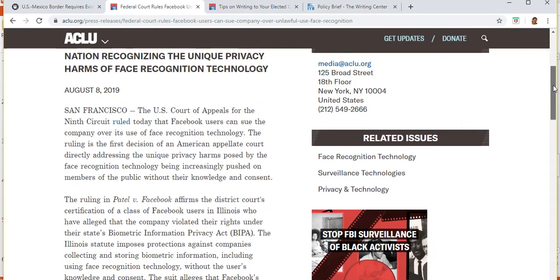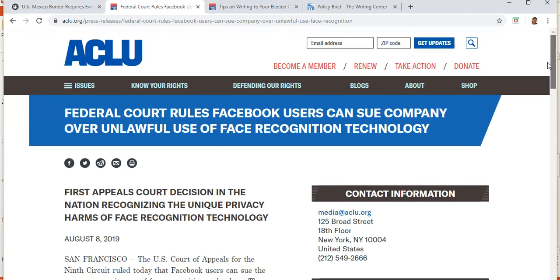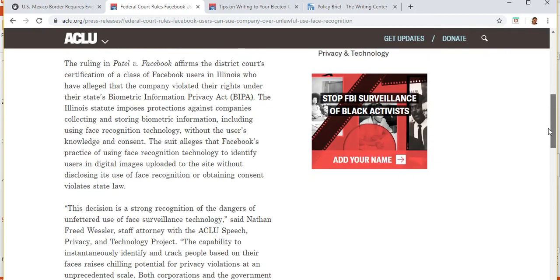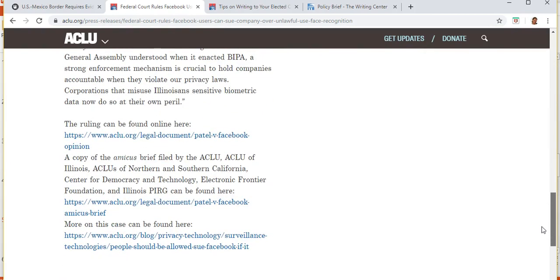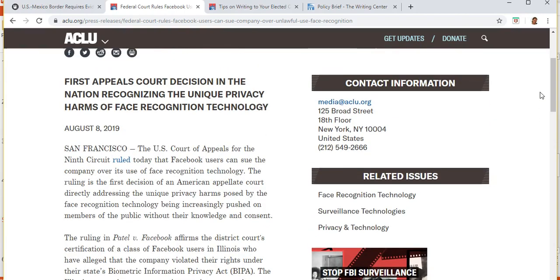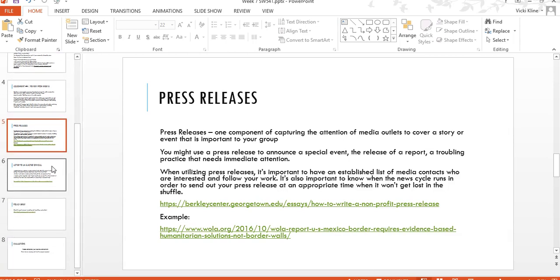They keep things brief, they provide background, there's a title to get your attention, they go through a summary of what the issue is, and then different things that they want you to know and how they want you to act. They provide contact information and keep it brief. So that gives people an opportunity to cover that story if that's what they want to do. So feel free to check those resources out.